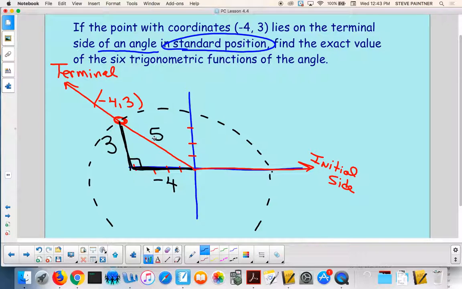Quick, do the 6 trig functions right now. Remember, theta is the reference angle. That's the reference angle, right there.